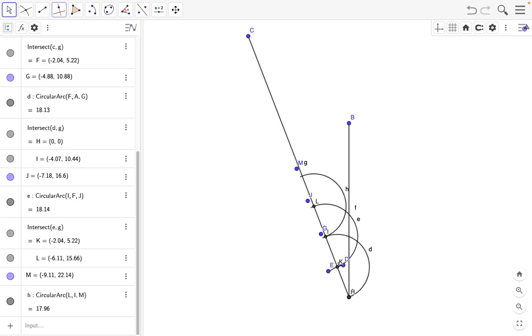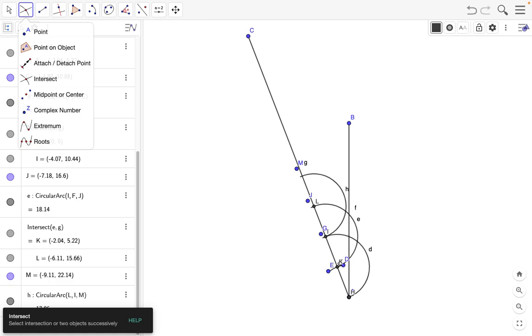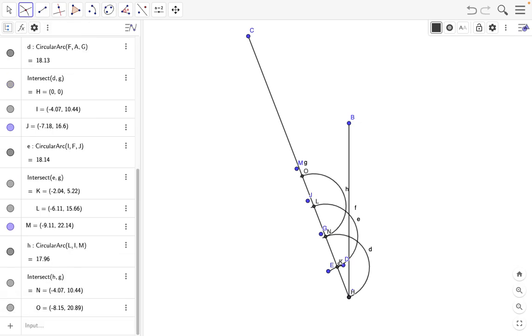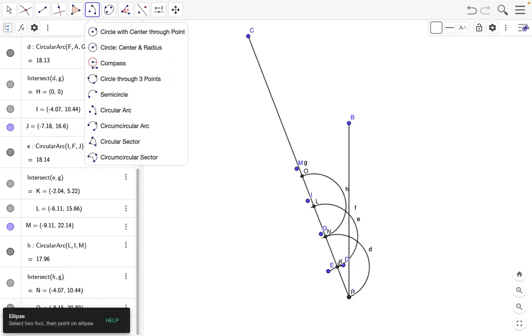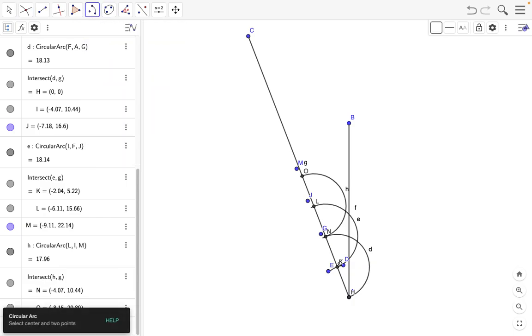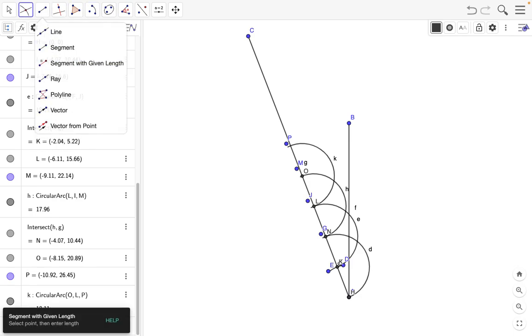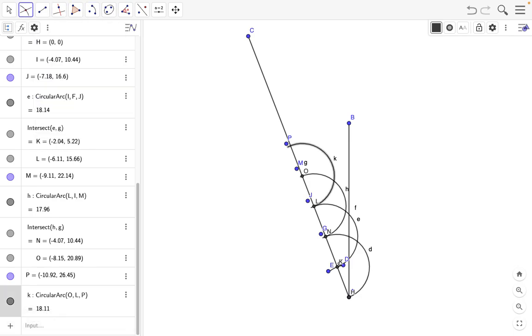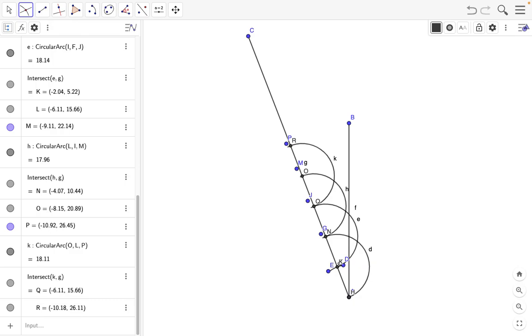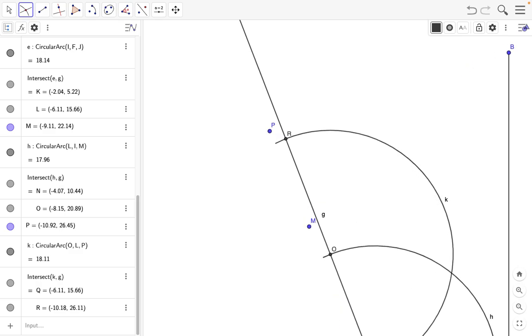Next is to determine the point of intersection of this and this, then O is the intersection. Now I will select this one, again circular arc, so O as the center and OL as the radius. I will draw this one. Next determine the intersection of this and this, then R is the point of intersection here.